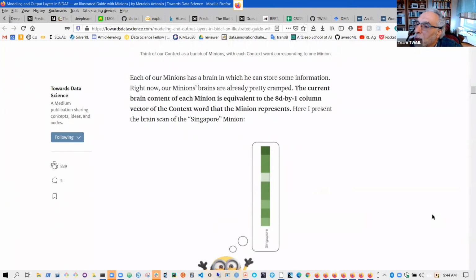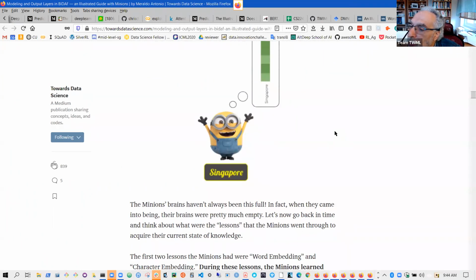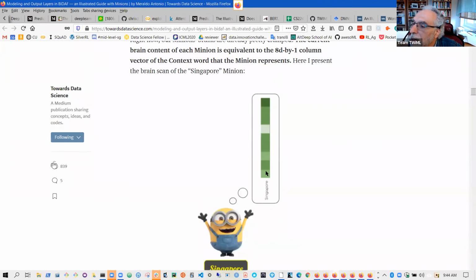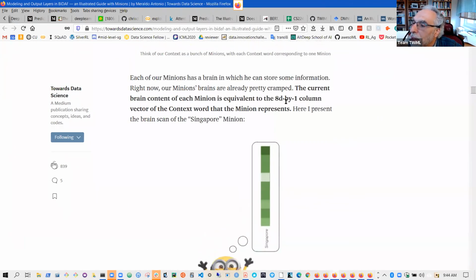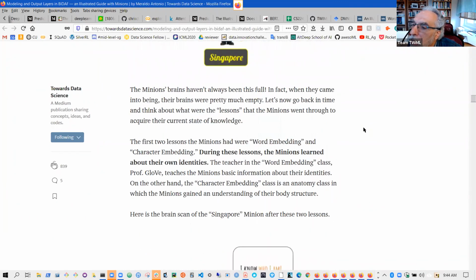Right now, the minions' brains are pretty cramped. The current brain context of each minion is equivalent to the 8D by 1 column vector of the context word that the minion represents. Okay, so this is that query-aware vector representation of the context word. Now the length of this thing, 8D by 1, okay. All right, so there's that minion.